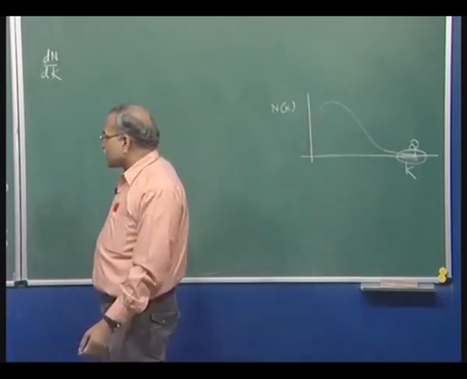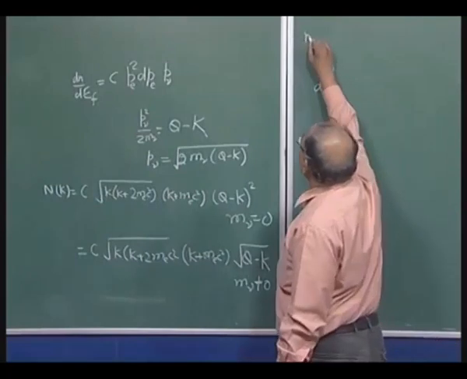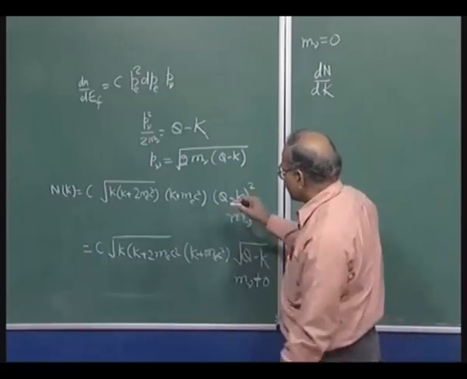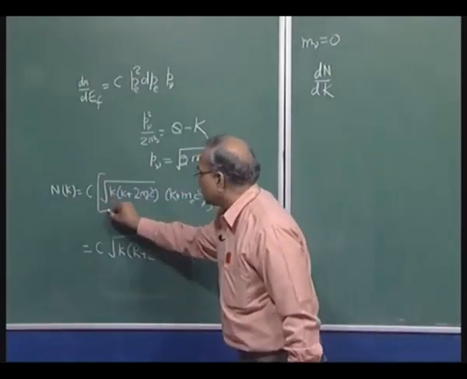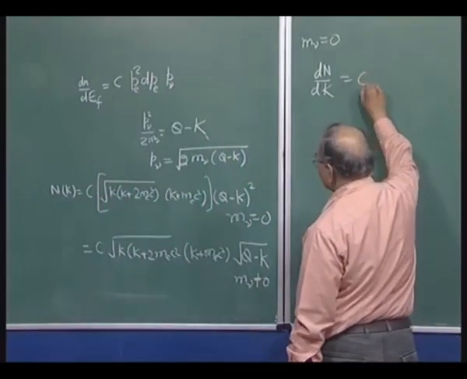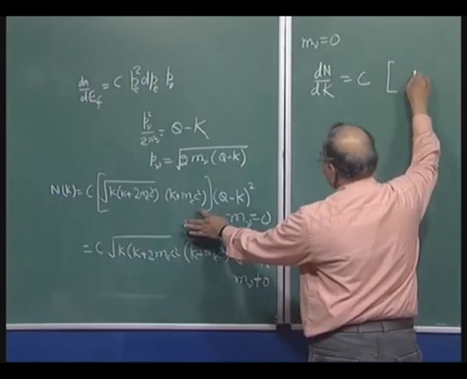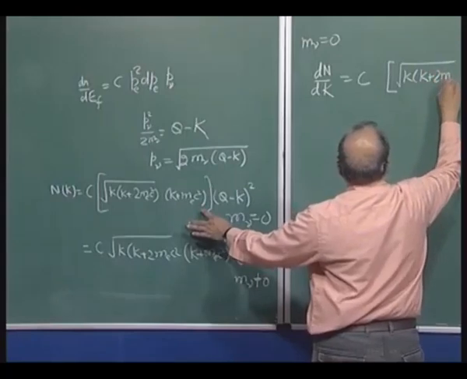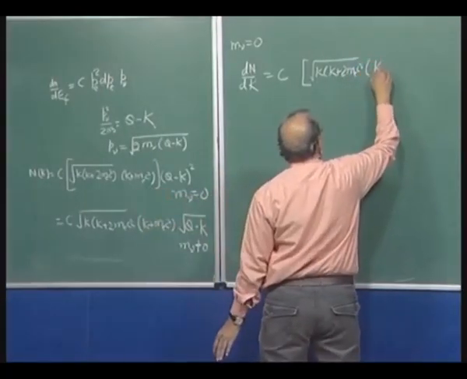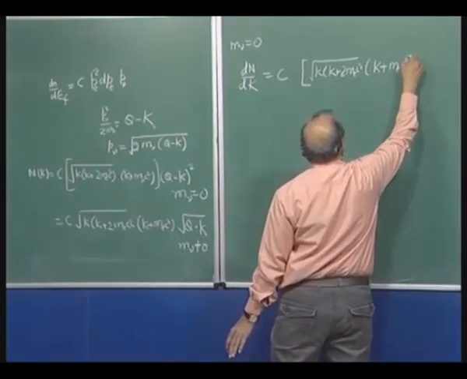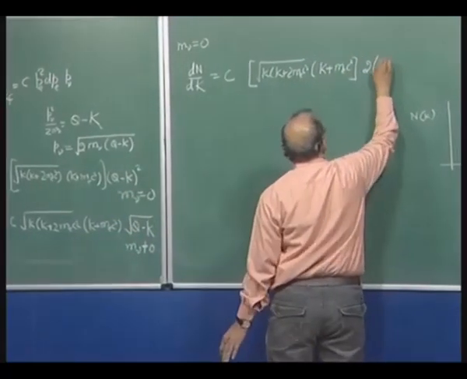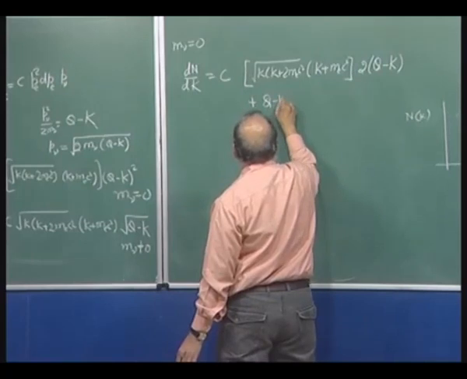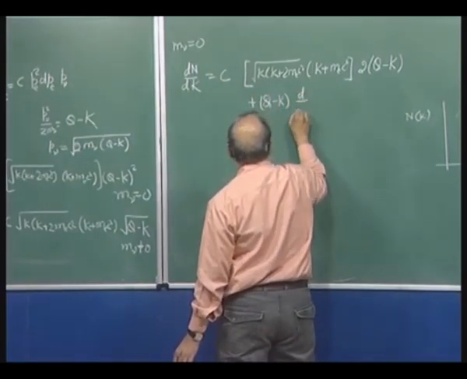Now, if I take the first expression where m_nu is equal to 0, then differentiate with respect to K. Let me write this whole thing as one part: some constant times square root of K plus 2 m_e c squared and K plus m_e c squared, and then (Q minus K) squared. Differentiating, I get 2 times (Q minus K) times differentiation of that square bracket thing.